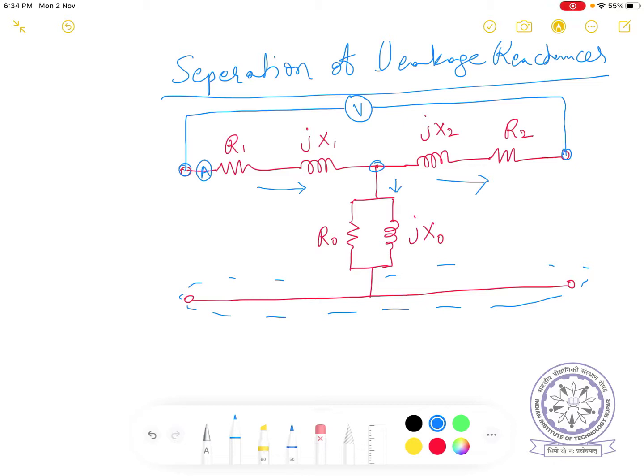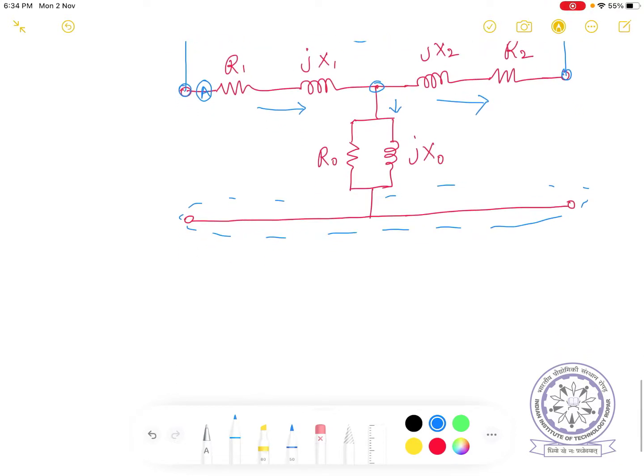Just think over what to do, how to get the separate impedances of primary and secondary using some external connections through accessible terminals. Meanwhile, you think about it, I'll draw the equivalent circuit once more.